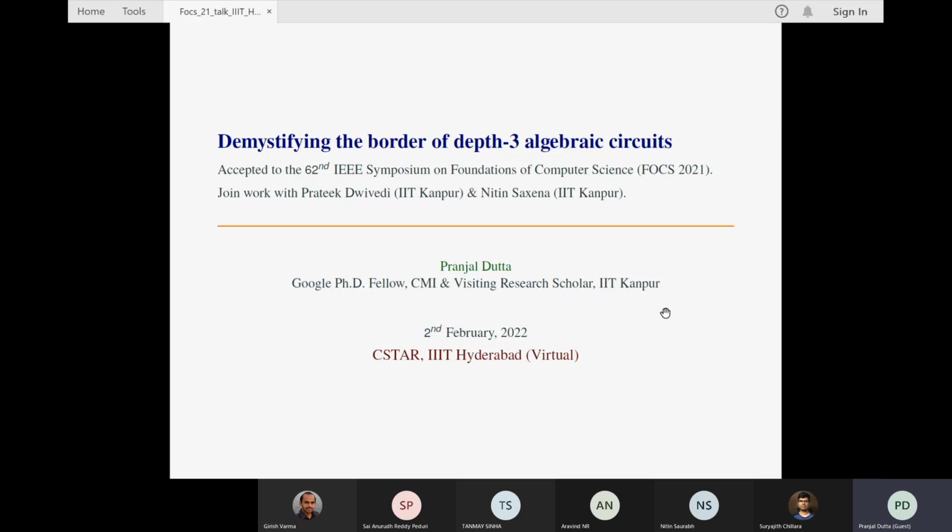So today I'll be talking about border depth 3 algebraic circuits. What I plan is to give a brief overview of GCT and our result. I'll not really get into technicalities and proofs.